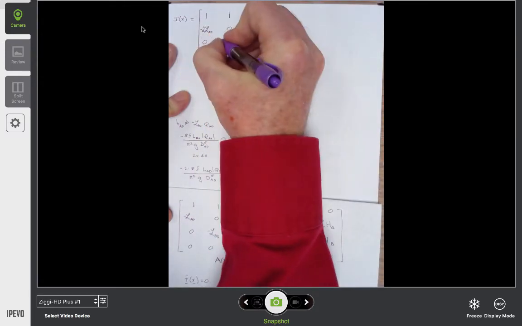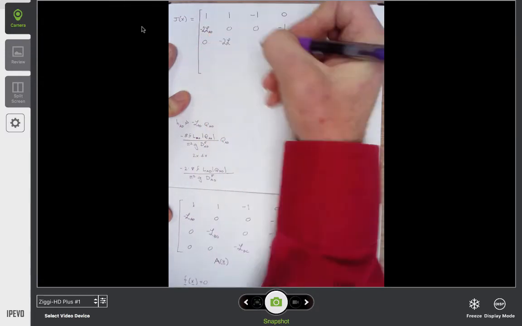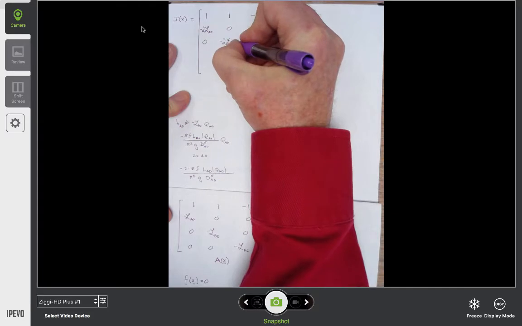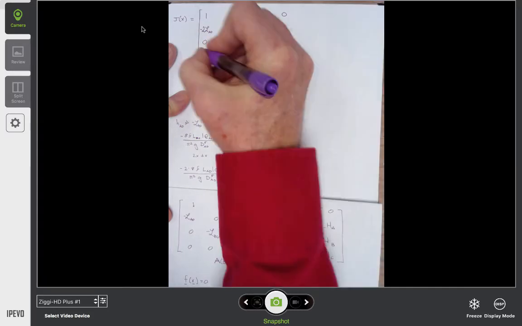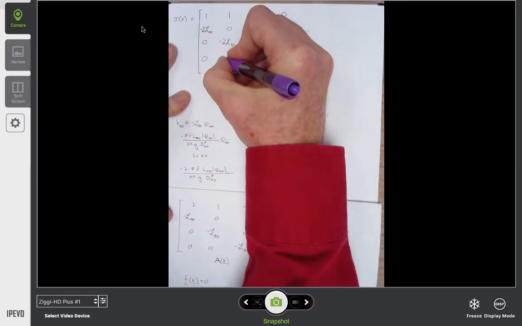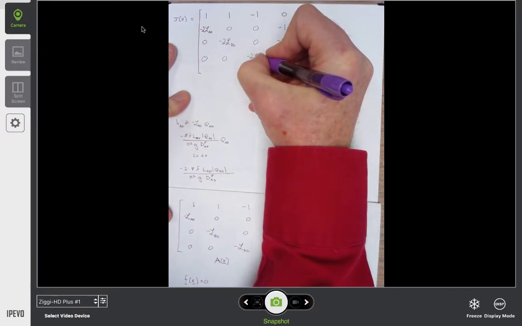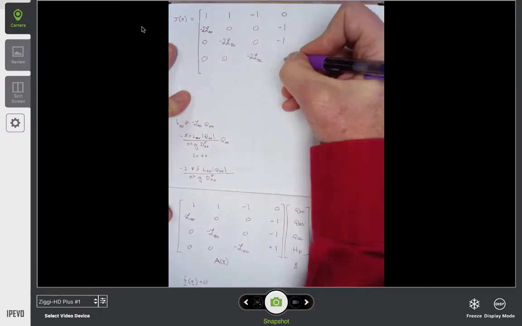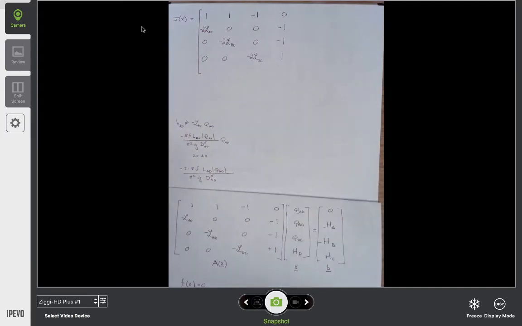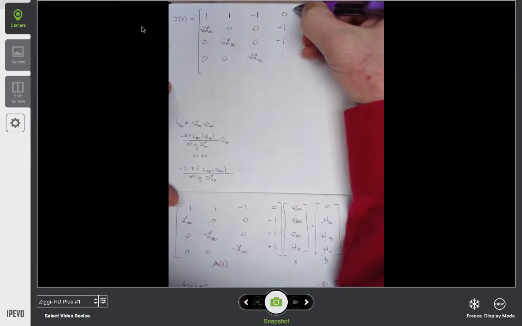This will be 0, minus 2 LBD, 0, minus 1. This will be 0, 0, minus 2 LDC, plus 1.